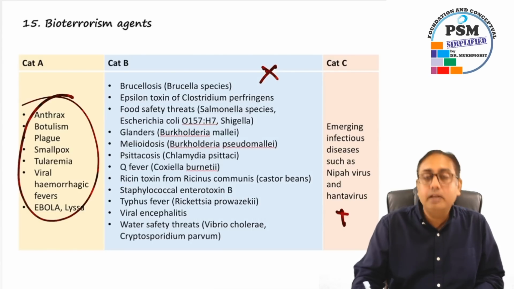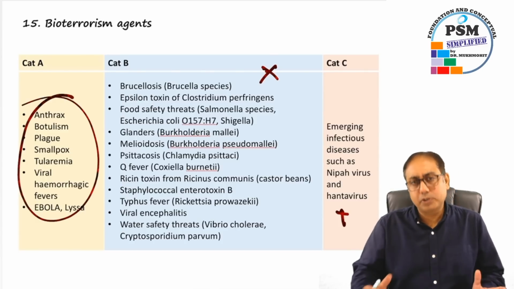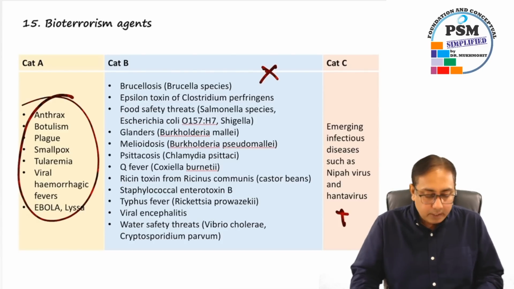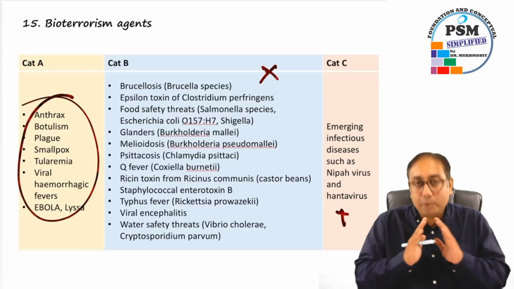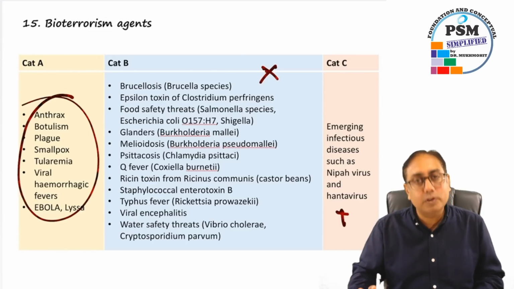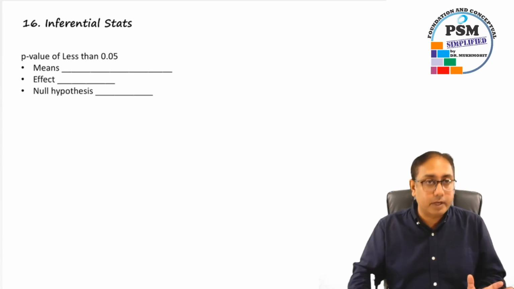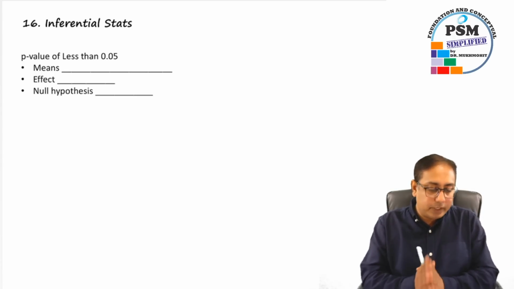Category C are like hantavirus or the Nipah virus. We don't know where COVID-19 is. Till now, it has not been categorized. It could probably be category C, but fingers crossed. I'm not commenting anything. For your exam, please note COVID-19 has not yet been classified as of October 2022.